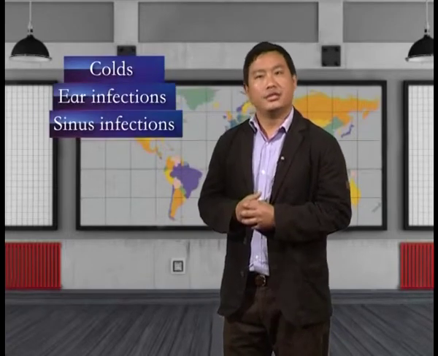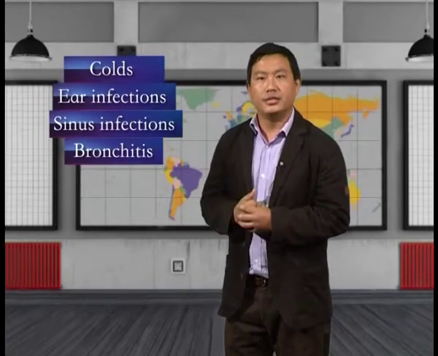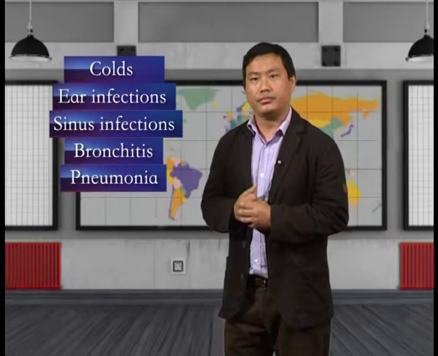Children are often at an increased risk for infectious diseases while their immune systems are still developing, simply because of exposure to diseases. Most children will have at least 6 to 8 respiratory or breathing tract infections each year. These include cold, ear infection, sinus infection, bronchitis, and pneumonia.